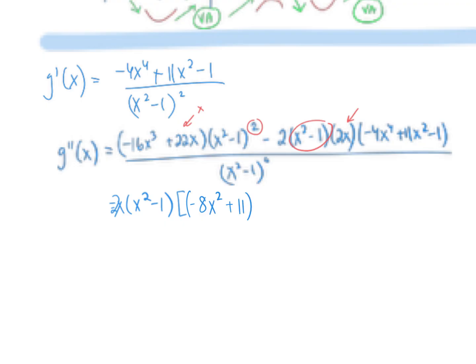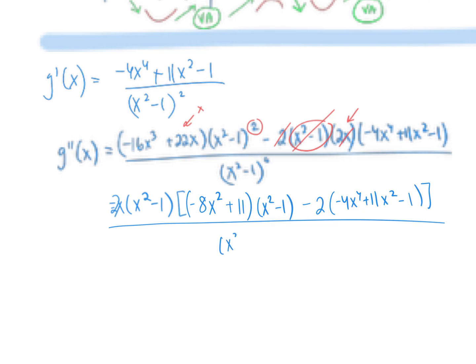Then when I take out one of the x squared minus 1 brackets, I still have another one left. I factor out the 2, I factor out the bracket, I factor out the x, so I'm just left with the 2, and then this bracket. And now we can cancel out one of these brackets.